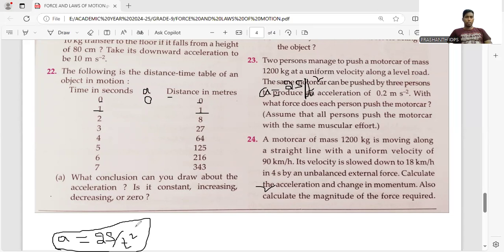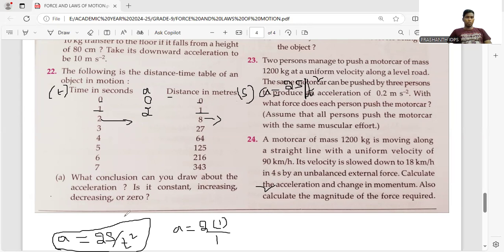Now substitute time 1. So if you substitute time 1, a is equal to 2 into, s value, distance 1, 2 into 1 divided by t square, 1 square, 1. So you'll be getting acceleration 2. Now what about 2? Substitute time 2 and distance 8. Time is t, distance is s.